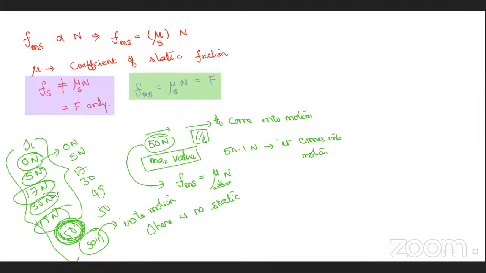Now I'm satisfied, so you understood the concept. To calculate the maximum value, that is 50 newtons, we use the formula mu s into n.